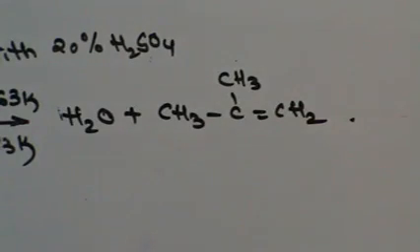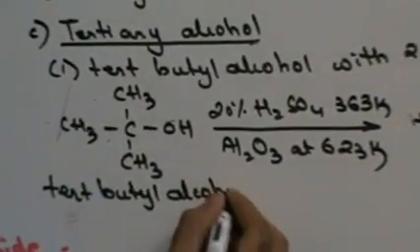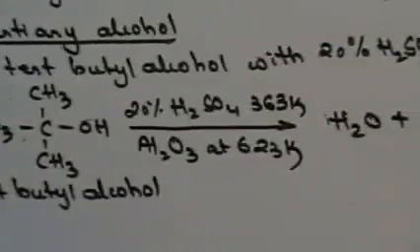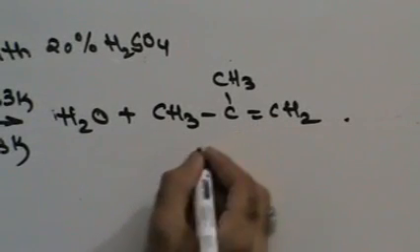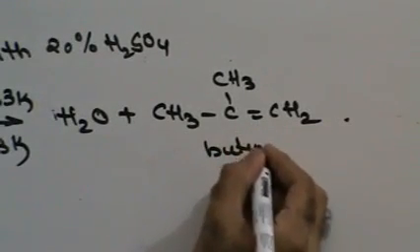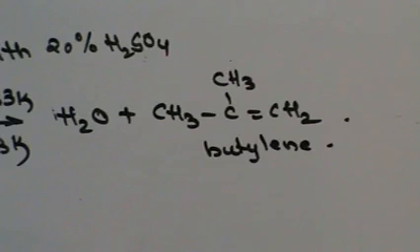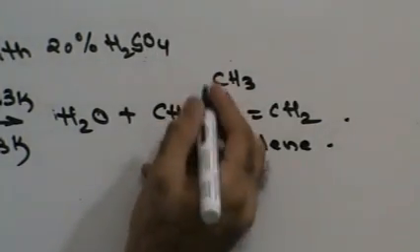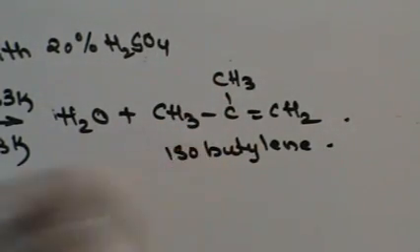Right? This is tertiary butyl alcohol. And this is going to be, in that case, butyl because 4 carbon atoms, double bond, therefore ENE, and you have a methyl group in the branch, therefore iso. This is going to be isobutene. Fine, do we get this in here?